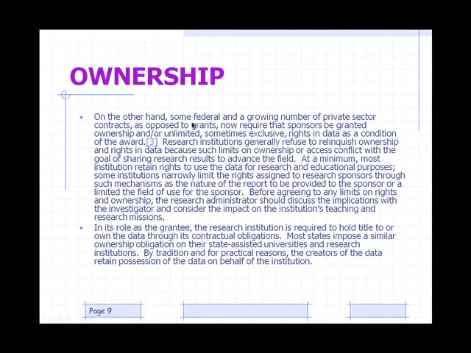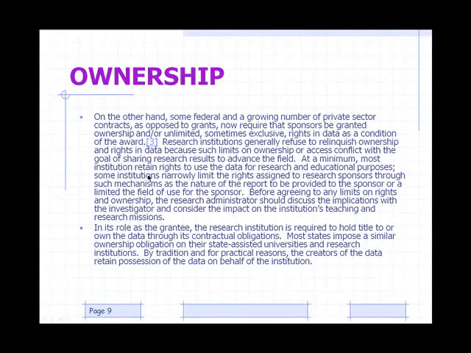On the other hand, some federal and a growing number of private sector contracts, as opposed to grants, now require that sponsors be granted ownership and/or unlimited, sometimes exclusive rights in data as a condition of the award. Research institutions generally refuse to relinquish ownership and rights in data because such limits on ownership or access conflict with the goal of sharing research results to advance the field.